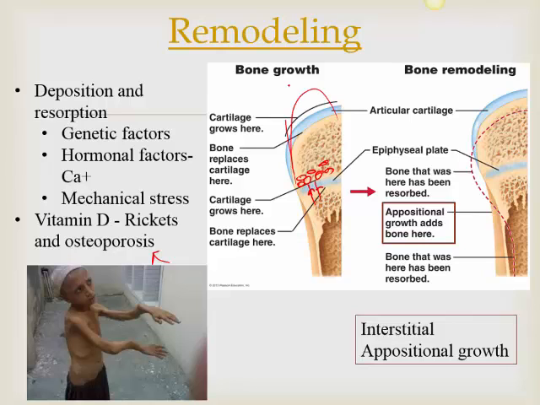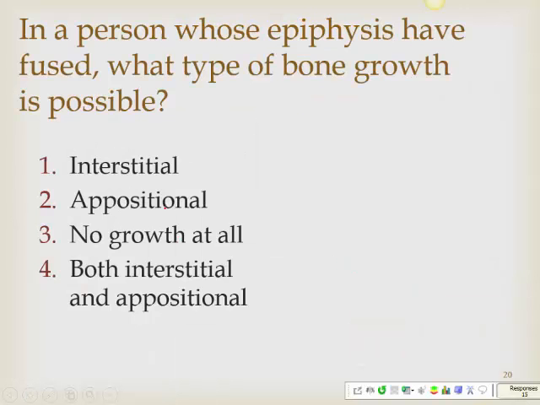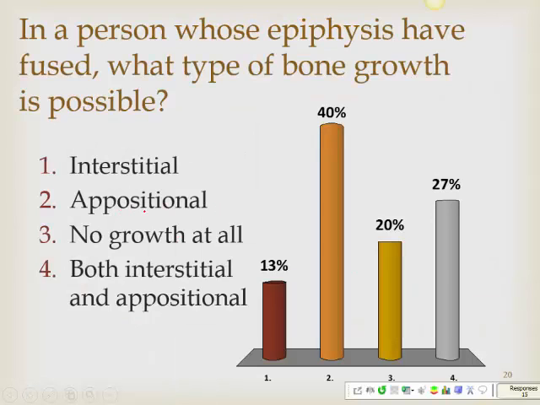So bone keeps growing in length. So that's interstitial growth. But my question was, if this has fused, now you can't form any cartilage anymore, so you cannot have growth in length, but growth in thickness can still occur. The bone can still grow in thickness, and that kind of growth is known as appositional growth. So the correct answer was just appositional growth. You will still have growth.